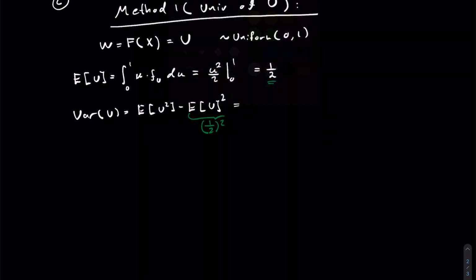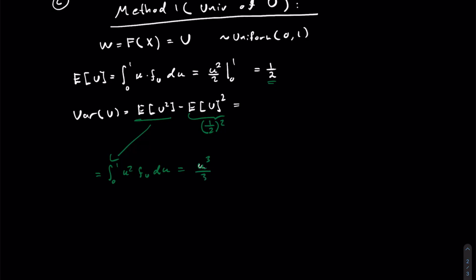And we calculate the following term using LOTUS, inserting u and u squared, and do the same calculation as we did above, but we start with the u squared term, and this amounts to 1/3.